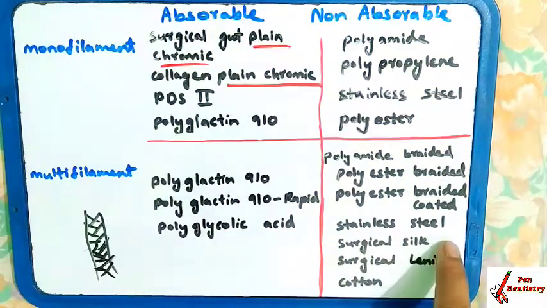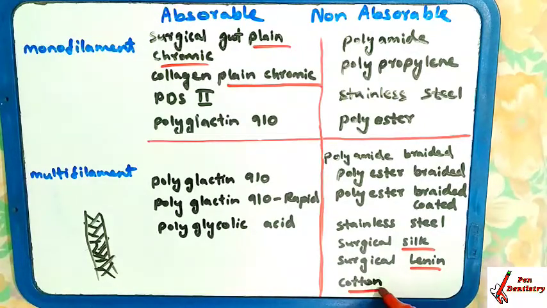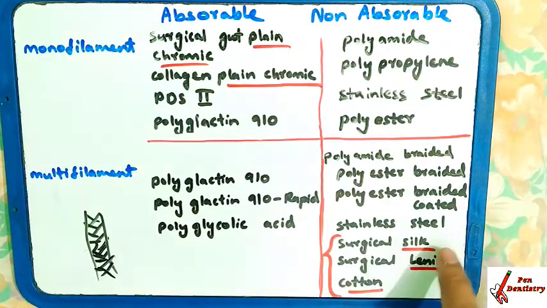Here surgical silk, surgical linen and cotton are used. These three are cloth materials, so it is easy to learn that raw cloth materials are used: surgical silk, surgical linen and cotton. So this table is very easy to learn.